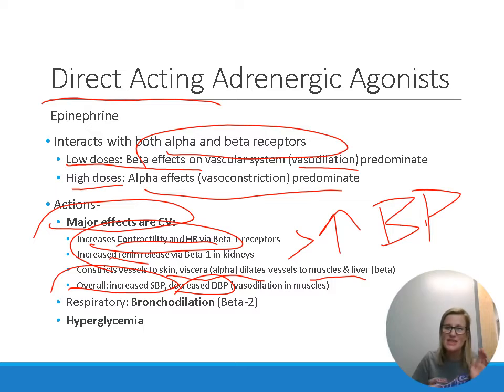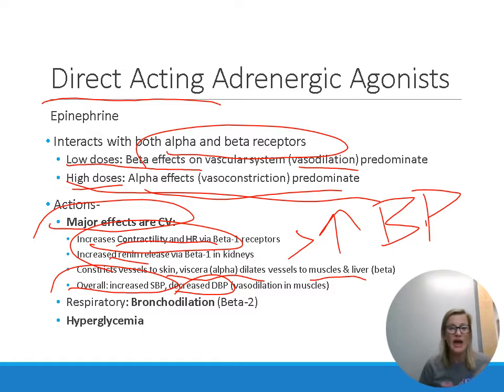The decrease in diastolic blood pressure kind of depends on the dose. If we're at a really high dose, then vasoconstriction predominates and we won't see that. But if we're on the lower dose, then the vasodilation going to the muscles predominates, and we'll see a decrease in diastolic blood pressure.